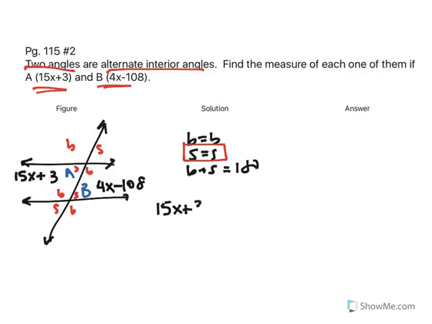So 15x plus 3 equals the other small angle B, which is 4x minus 108. So I'm going to just solve this simple equation.